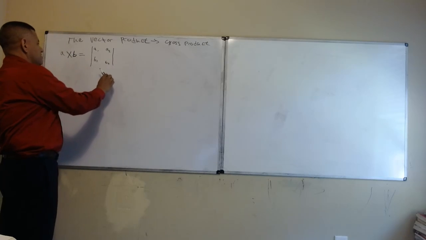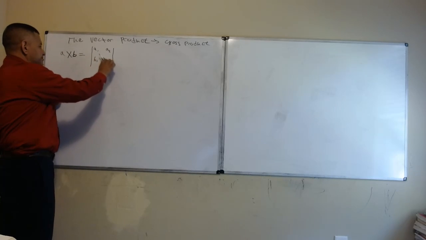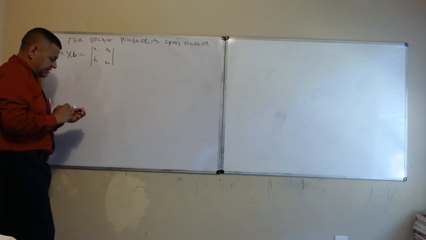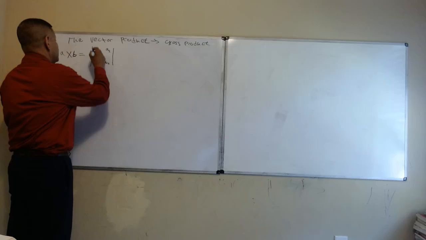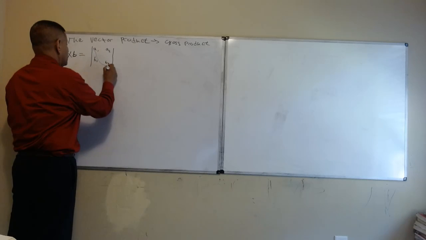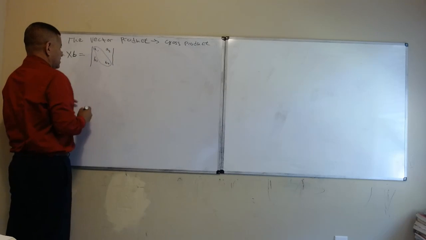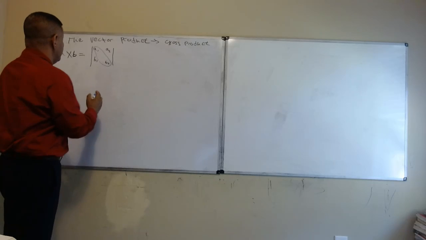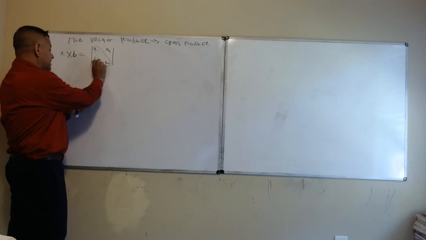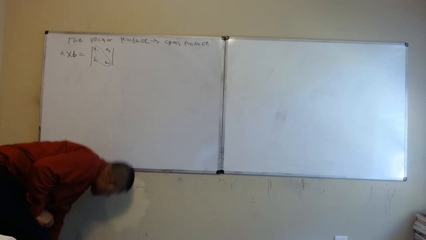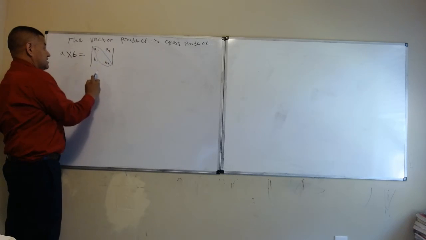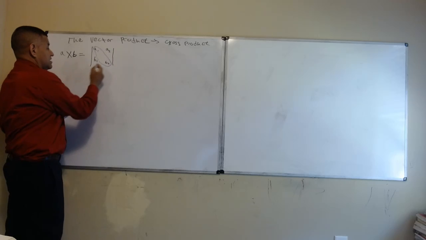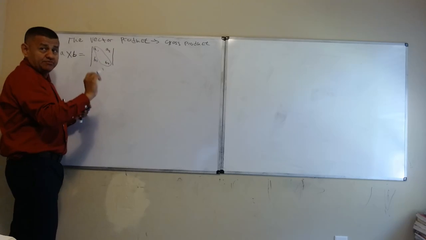I will multiply diagonally, and at the same time I will be multiplying this other diagonal and subtracting them.